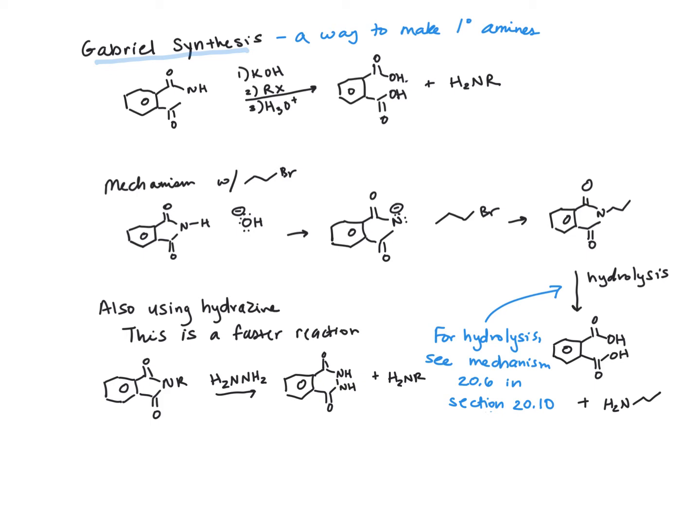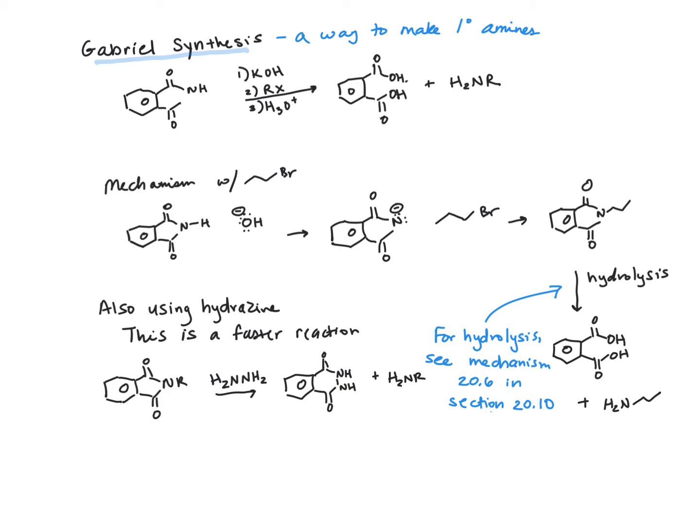Then this is followed by an alkyl halide, which puts an alkyl group on the nitrogen atom, and this is followed by acidic water, which means that you get a hydrolysis reaction to form this bis-carboxylic acid and the primary amine.